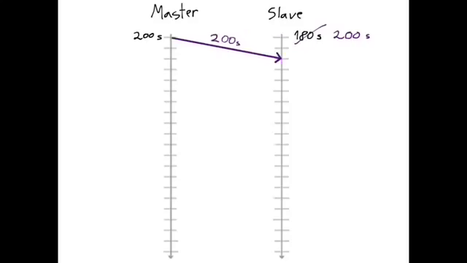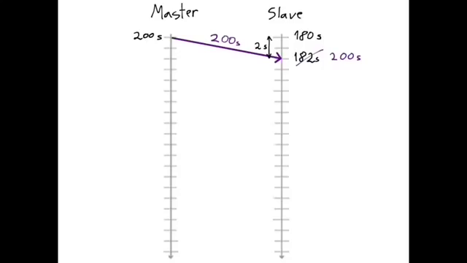So the slave would not update its local clock to 200 seconds when the master clock reads 200 seconds, but would only do so after the propagation delay, which in this example would be 2 seconds. That is, only after these 2 seconds of propagation time, when the clock of the slave reads 182 seconds, the slave would update the value of its clock to the value of 200 seconds that it received in the message from the master.